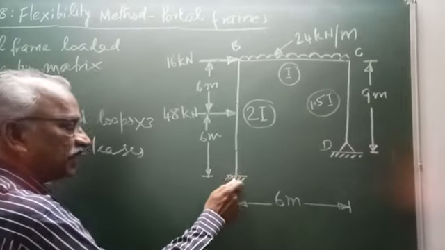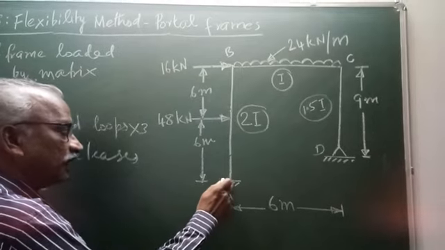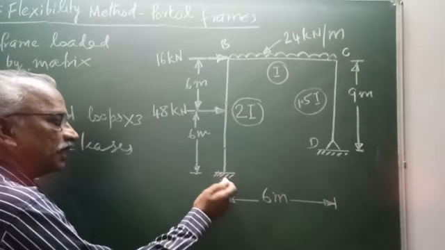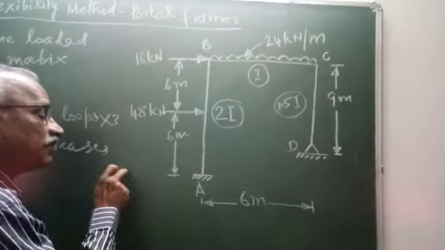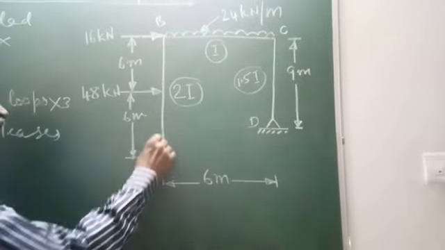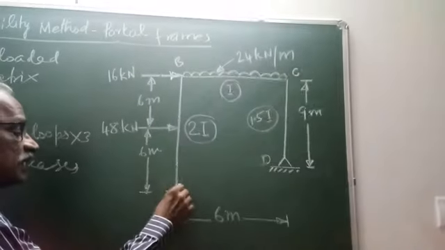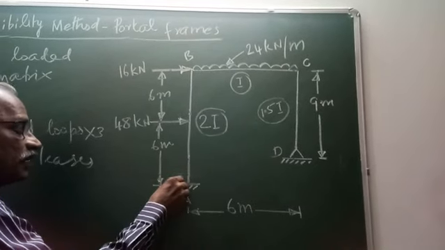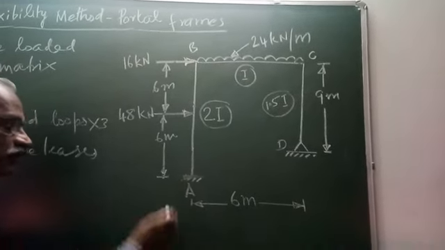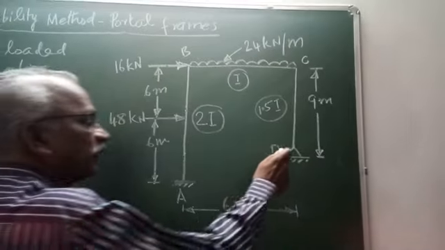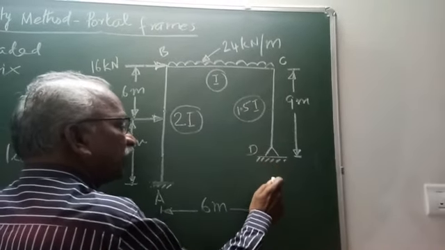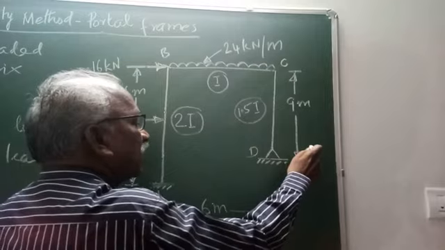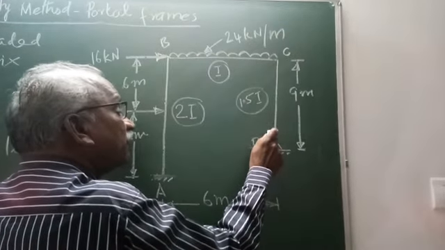Left hand side it is fixed, therefore there is no release here. It is not free to move in the vertical direction, not free to move in the horizontal direction, and also not free to rotate because it is fixed. The effect of fixing is to make the end slope equal to 0, therefore no rotation also. Here it can take a vertical reaction component, it can take a horizontal reaction component, but it is free to rotate.